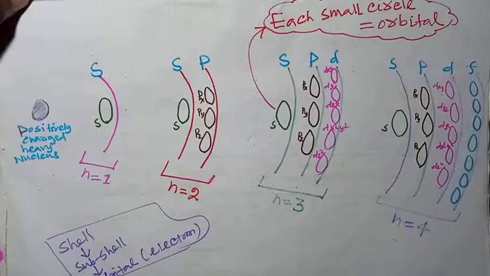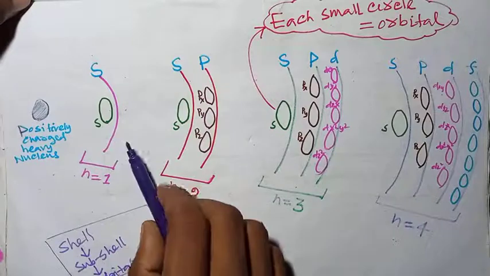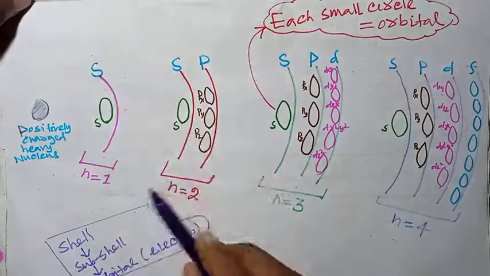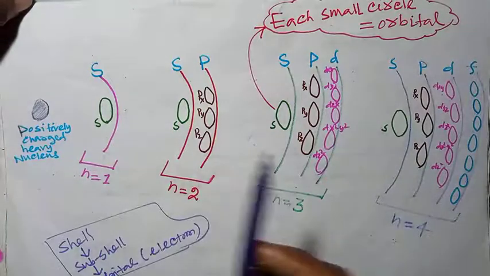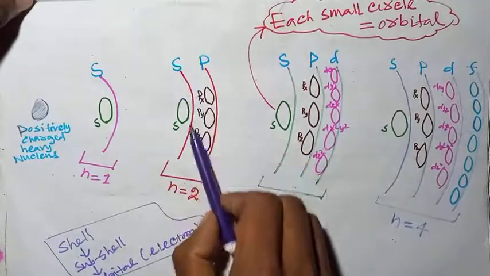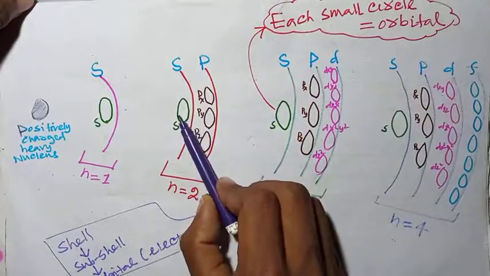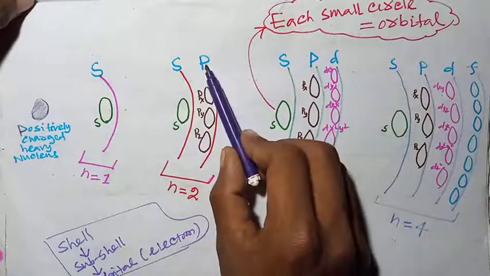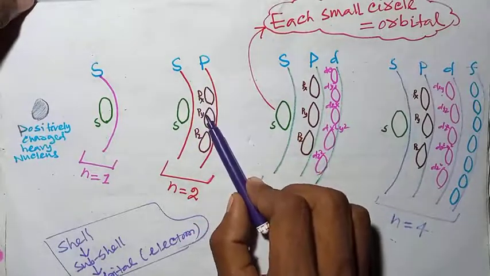So this is shell number 1. Shell number 1 contains only one subshell, that is the S subshell, and S subshell contains only one orbital, that is S orbital. Similarly, shell number 2 contains two subshells, S subshell and P subshell. S subshell contains one orbital, and P subshell contains 3 orbitals: px, py and pz.